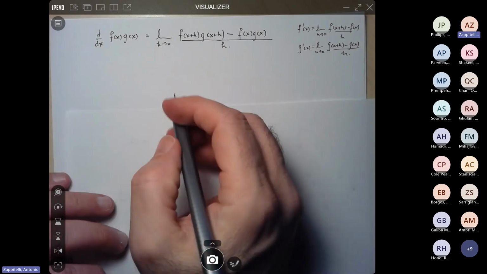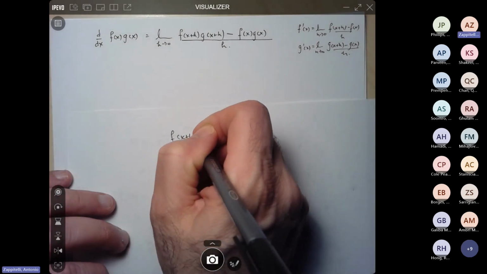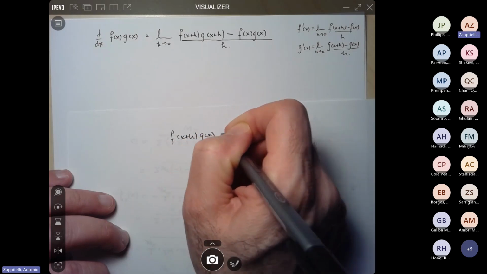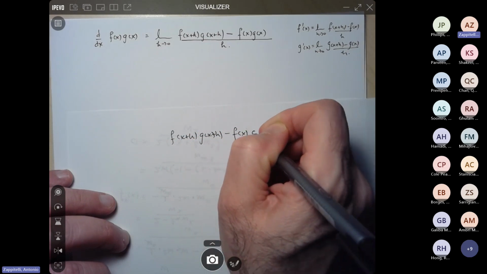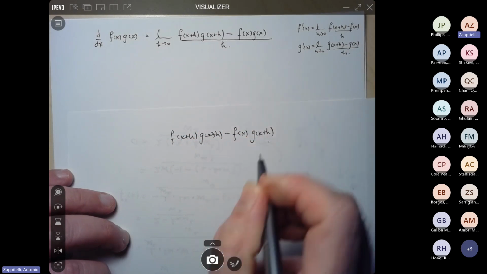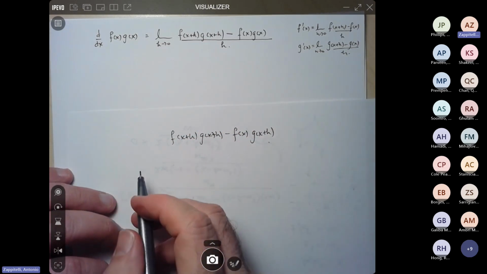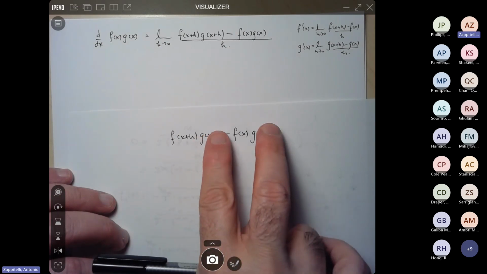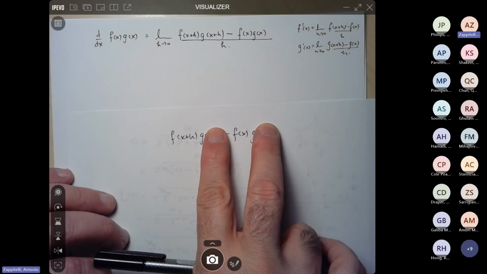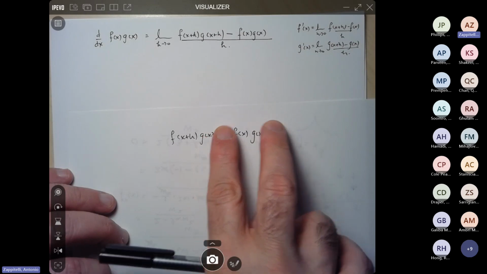Let's just say we had f at x plus h times g of x plus h, minus f at x times g of x plus h. What could we do with this g of x plus h? Factor it out. Yeah, you could factor it out. And what would you be left with inside your bracket? F at x plus h minus f at x.